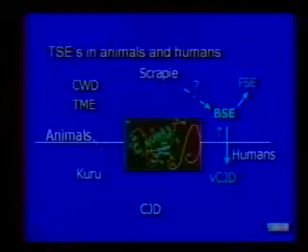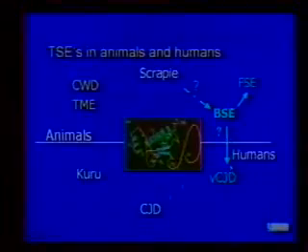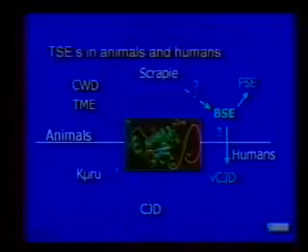So we now reduce this to a diagram. We can see that on this side of the line, and this line that goes through the center here is all important, we have chronic wasting disease, transmissible mink encephalopathy, scrapie, and BSE on this side of the equation. And then on the other side of the equation, we have Creutzfeldt-Jakob disease and Kuru.